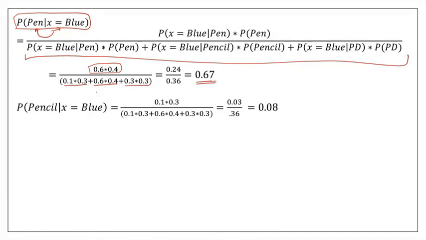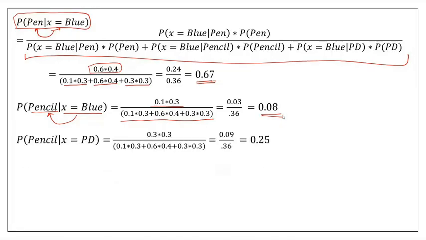Then in the same way, we can use Bayes for getting the probability for pencil. Okay, the object is blue, then what is the chance that it is a pencil? So I hope you can solve this now and substitute proper values. Then you will see that this is 0.08. Then I go for the third category, that is pen drive.